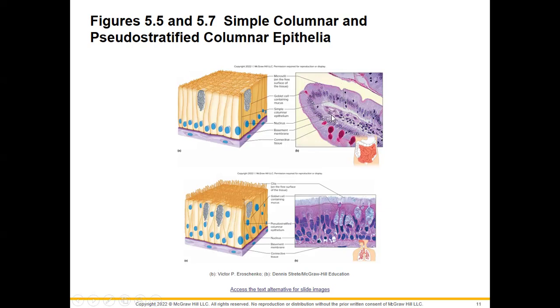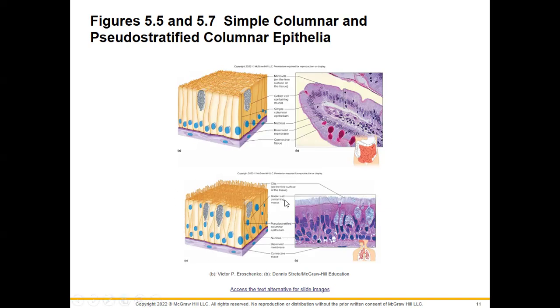These cells are bound on the other end at a basement membrane. Here you see a goblet cell. Remember, the goblet cell is going to be the cell that produces mucus. So this cell is going to produce and secrete mucus onto this surface to help protect it from damage, from infection, etc.